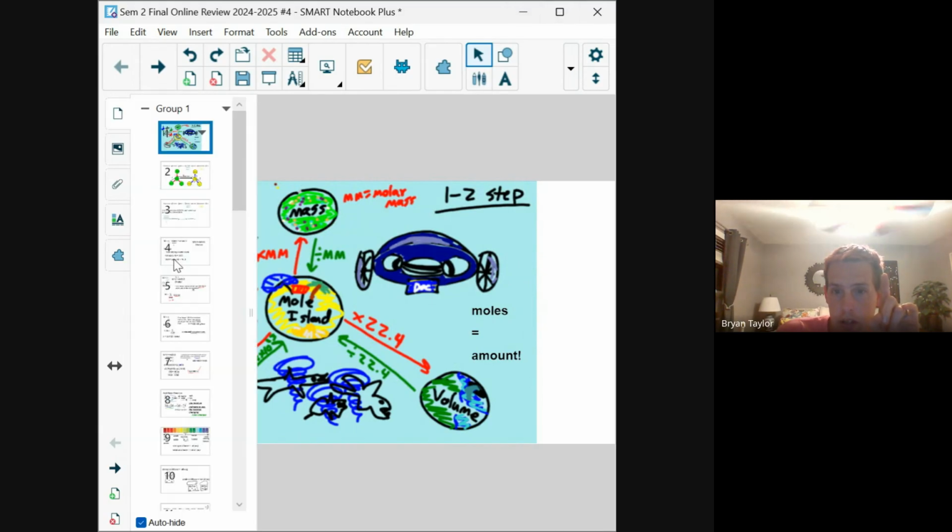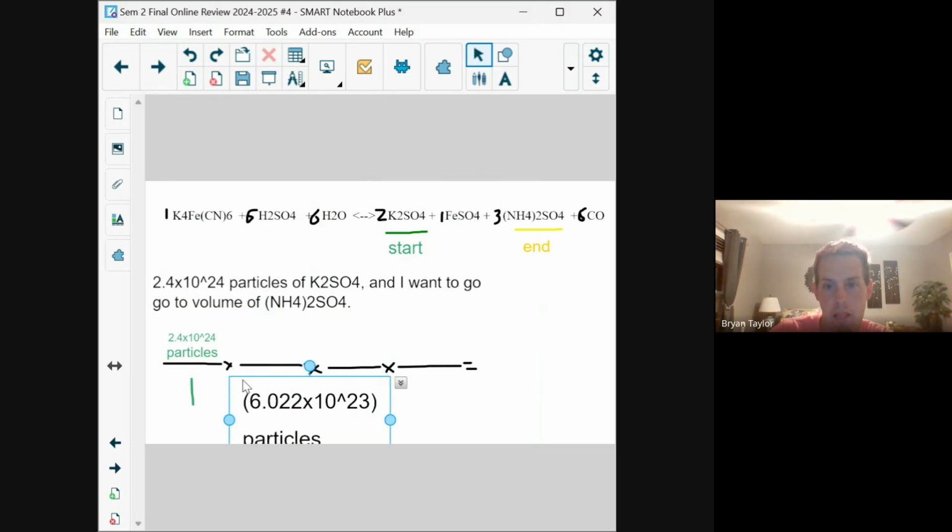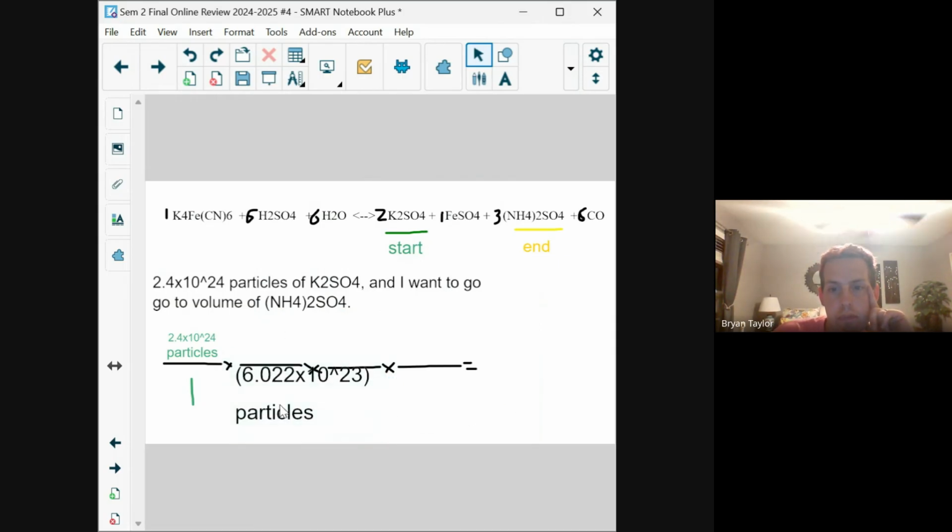So that's going to be dividing by parentheses 6.022 times 10 to the 23rd particles, and that's for 1 mole. And again, you'll notice I'm making everything green because that is our original chemical.